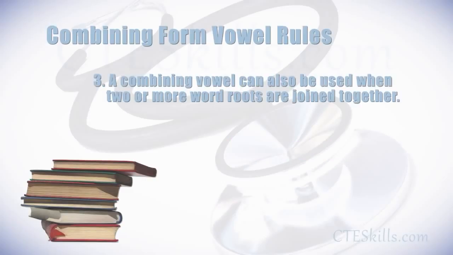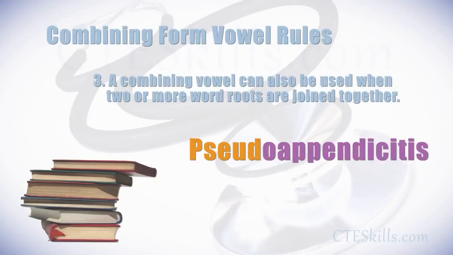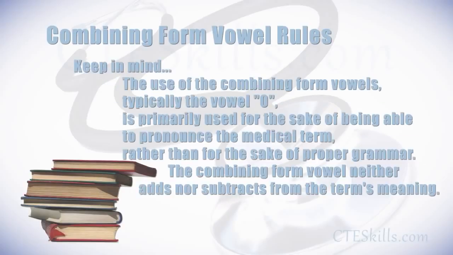And a combining vowel can also be used when two or more word roots are joined together, such as with pseudoappendicitis. Keep in mind, the use of combining form vowels, which is typically the vowel O, is primarily used for the sake of being able to pronounce the medical term, not so much for the sake of proper grammar. The combining form vowel neither adds to nor subtracts from the term's meaning.